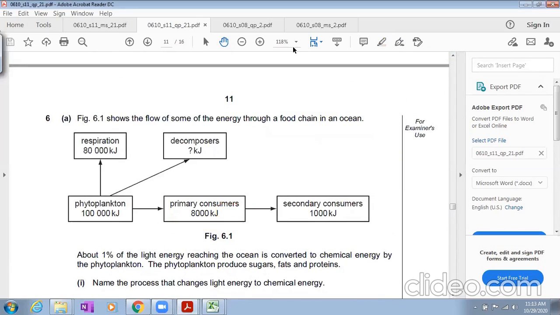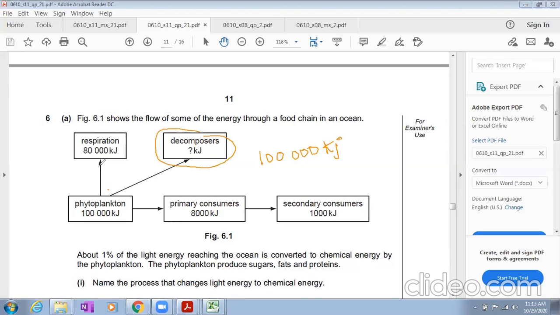Be with me, boys. The total energy absorbed by phytoplankton is 100,000 kilojoules. Now the question is how much energy the decomposer will get.